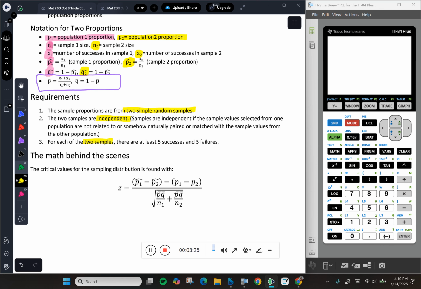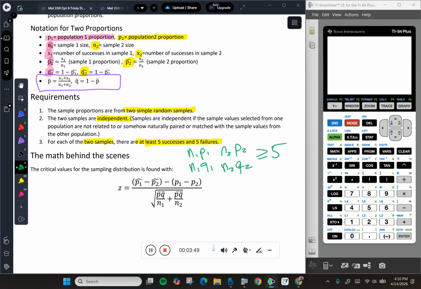And for the two samples, that 5 successes and 5 failures must be true. That is N1 P1, N1 Q1, N2 P2, and N2 Q2 all must be greater than or equal to 5 for this to work. Okay, so at least 5 successes and 5 failures for everything.